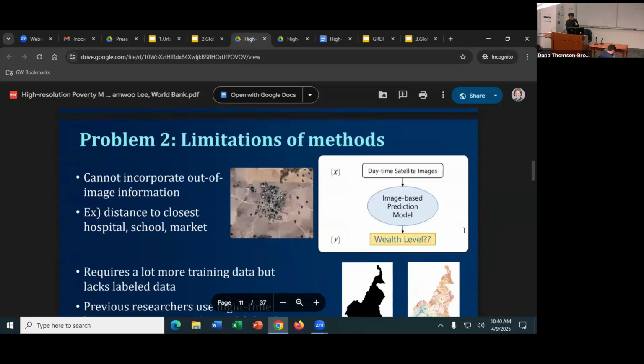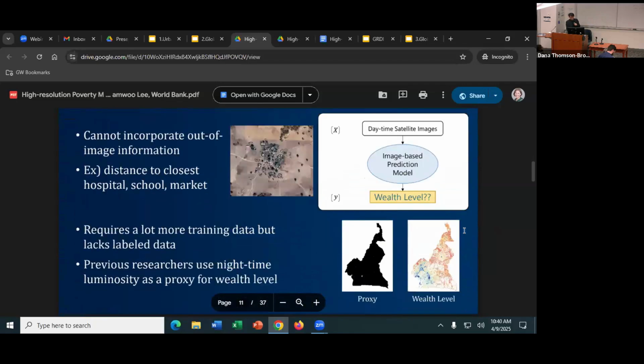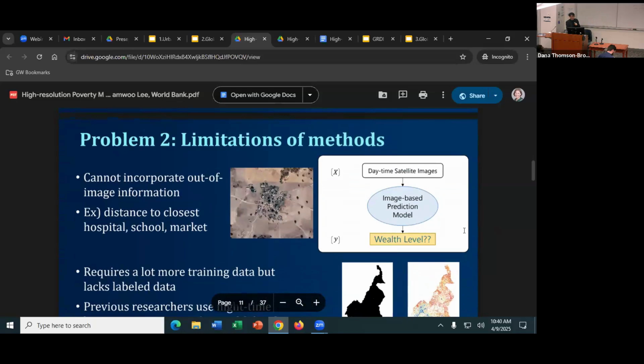And the problem with the image-based model is that it cannot capture out-of-image information. Of course, distance to the closest hospital, school, or market are very important information to estimate wealth.